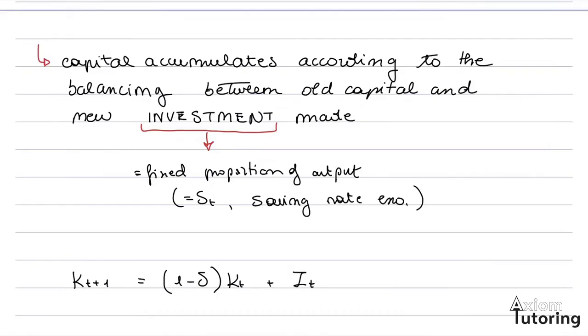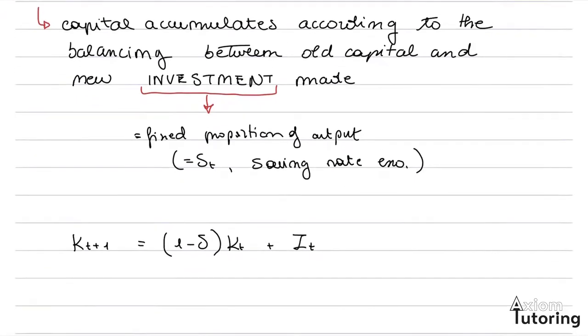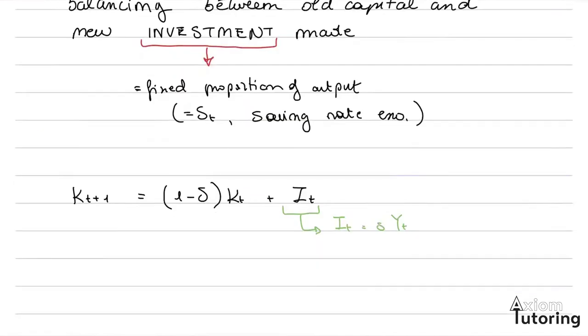Hence, since investment is a fixed proportion of output, output is determined by the production function. Let's now look at a bit of plugging in using also our other equations. So we know that investment is defined as the savings rate times output. But again, we can make a further step and define output, as we've already done previously, by total factor productivity times the production function.